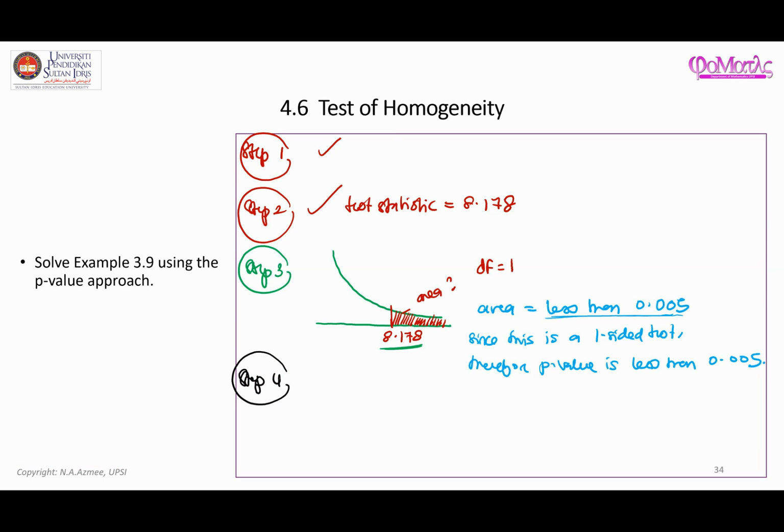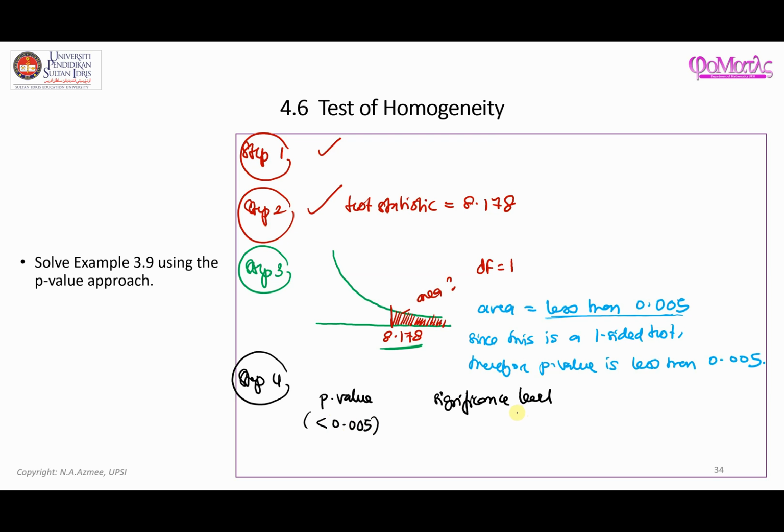Now the fourth step is you're going to compare the p-value with the significance level. Here is the p-value and here is the significance level. What's the value of this? The value of this is less than 0.005.